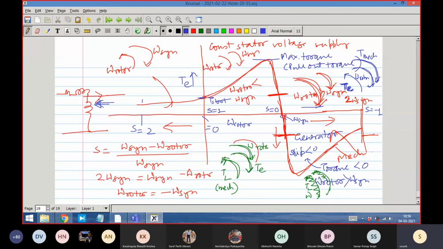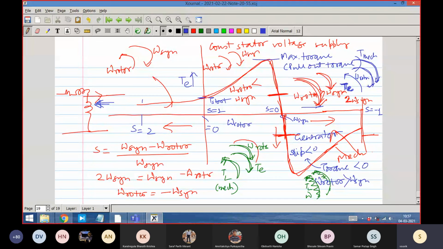Whereas when it is in the motoring mode, electrical torque is applied in the direction where the motion is happening. The electrical torque is the stronger fellow, the bully. It is dictating the direction of motion. Mechanical fellow is opposing it. But at steady state, these two are balanced. Otherwise, things become uncontrolled. J d omega by dt has to be 0.